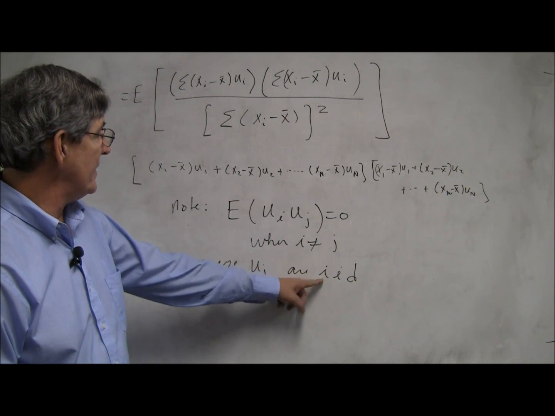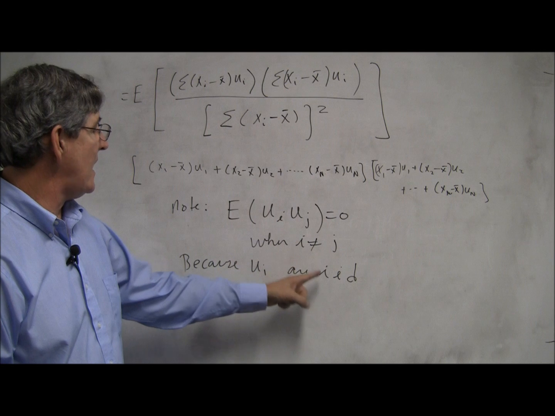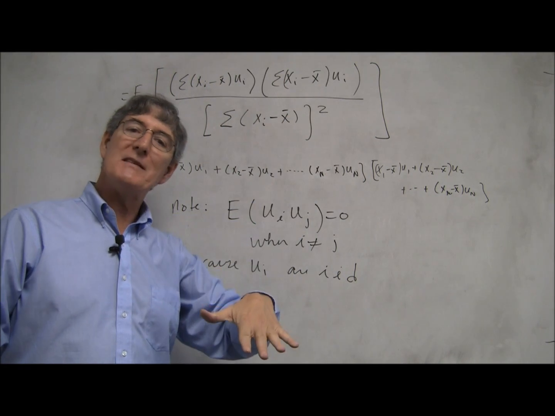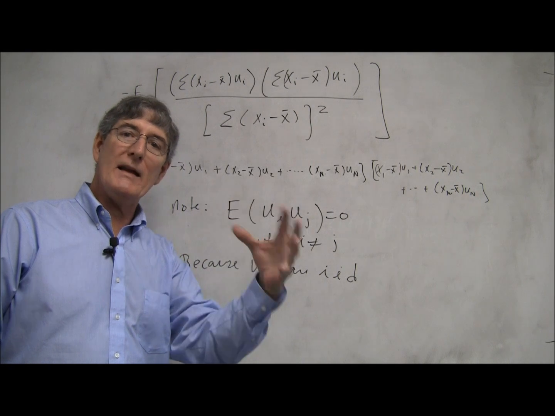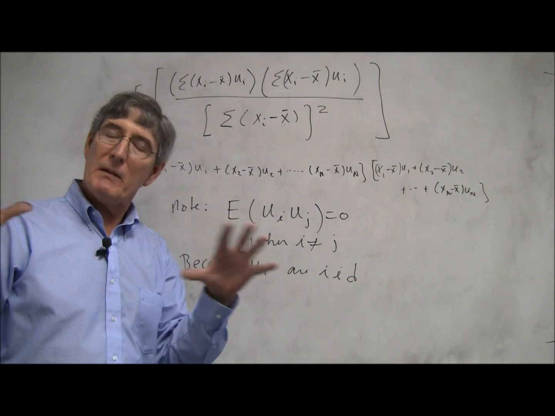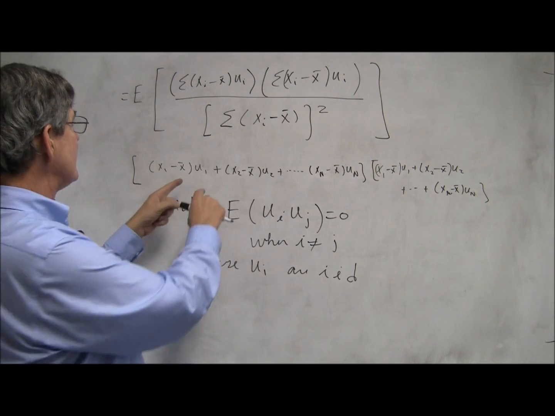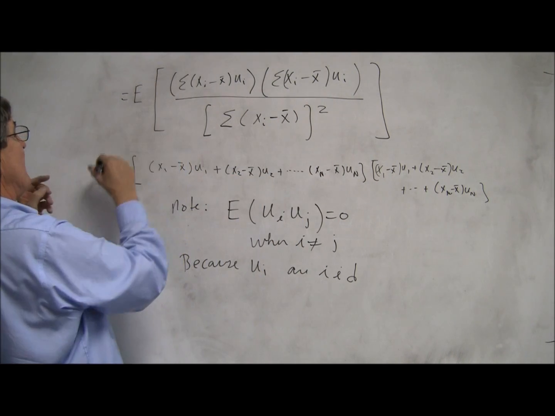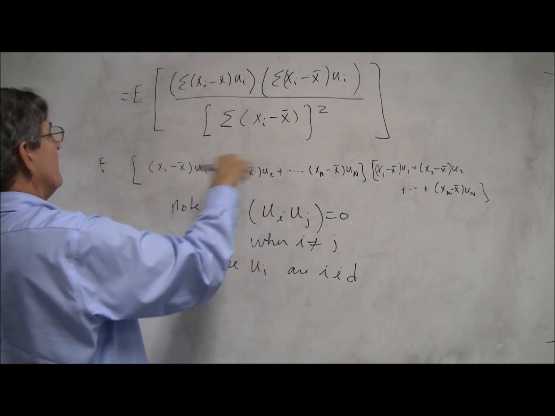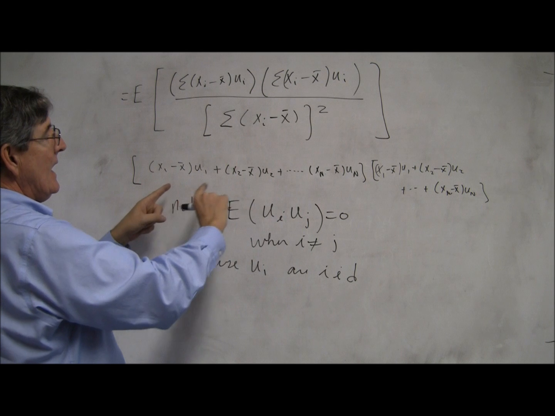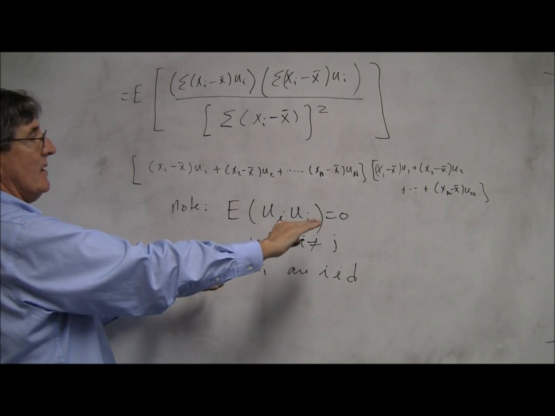They're not correlated. This is the correlation of i and j. We're making an assumption that our errors are uncorrelated. That's one of our 3 assumptions. It's actually the second one, that independence that we did. The implication of that is our errors are uncorrelated. So anytime I take a cross product, I'll have an expectation of this, and then I'll have the denominator on the bottom. But anytime I bring the expectation operator through here, and the u's don't match, it's going to be 0.